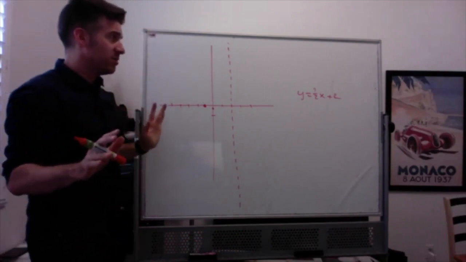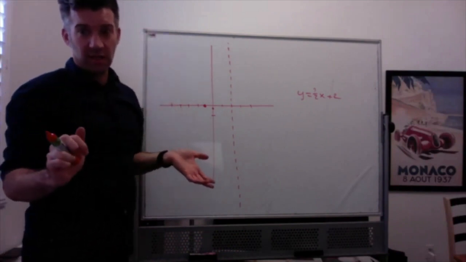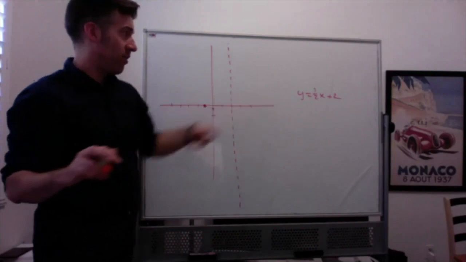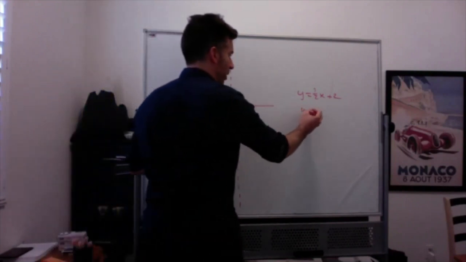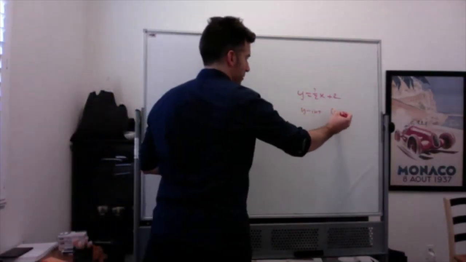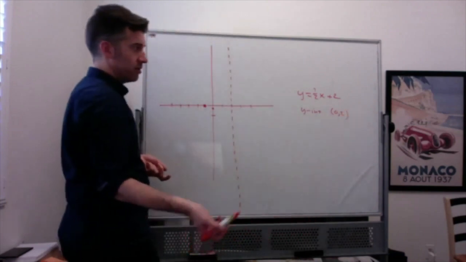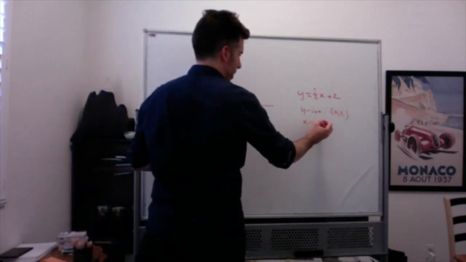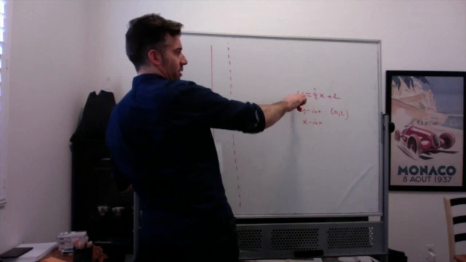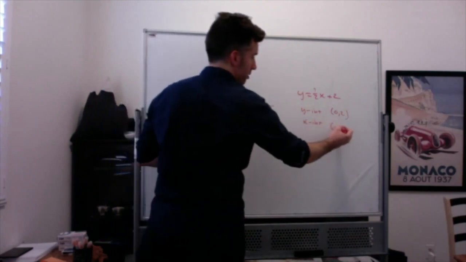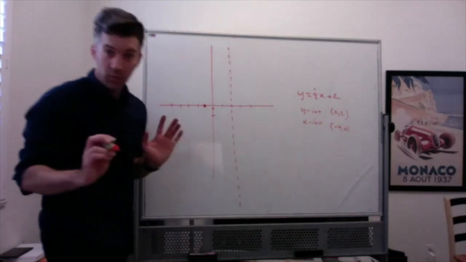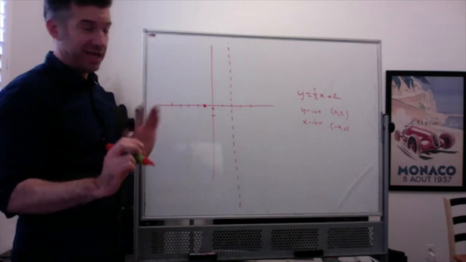So for a slant asymptote, you actually want to think about finding the line, right? So that line, y equals 1/2 x plus 2, has a y-intercept of 2, right? X is 0, y is 2. It has an x-intercept where y is 0, x is going to be -4. Those aren't actually points on my graph. Those are points on my asymptote.